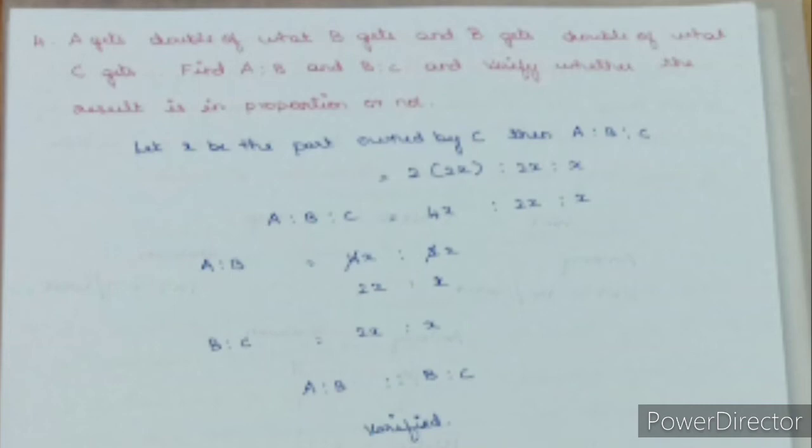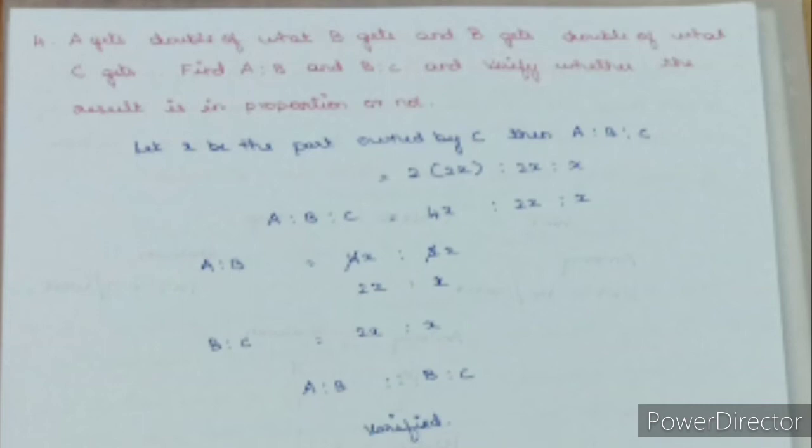So we are taking C as X. Next, B is getting double of C. So 2 times X is B. A is getting double of B. So 2 times 2X, so 4X. So A is to B is to C is equal to 4X is to 2X is to X.